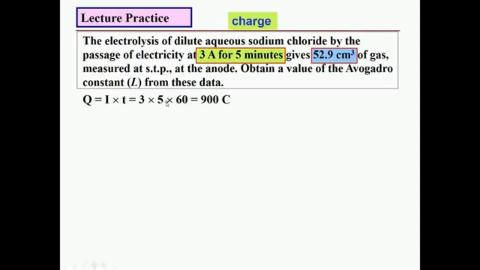So from current and time, we have charge Q, which is current times time, current 3 ampere, time 5 minutes, change to seconds, times 60, that gives us 900 coulombs.